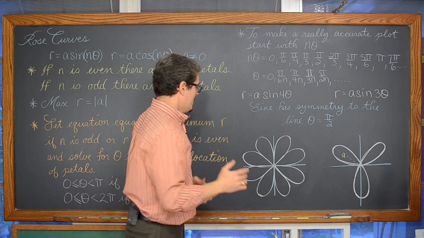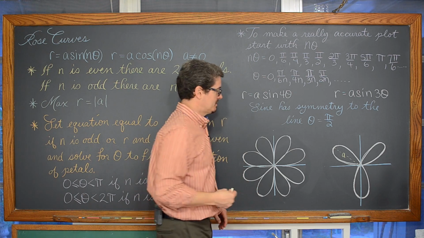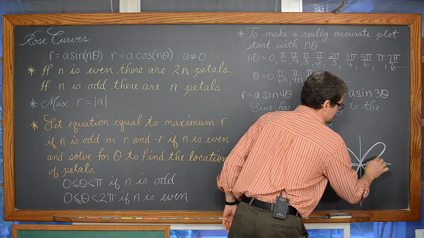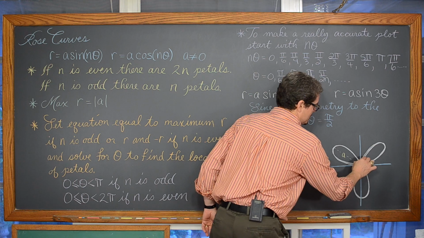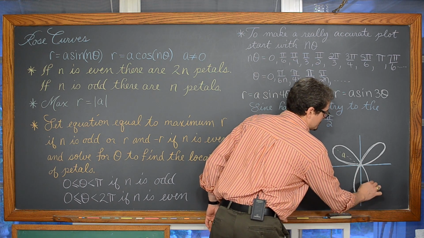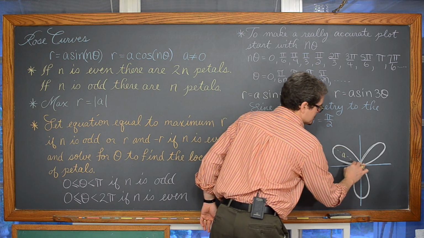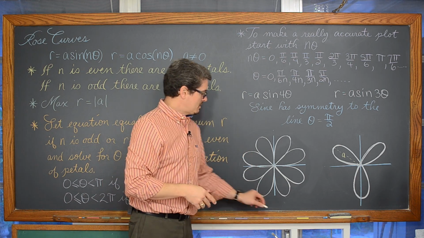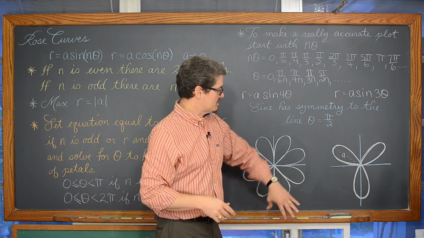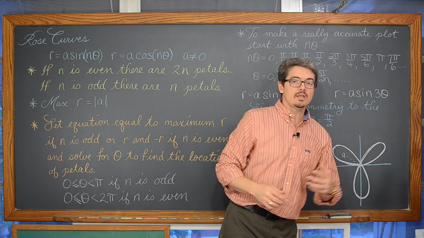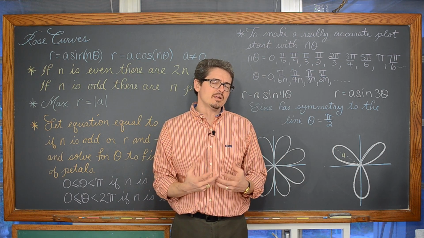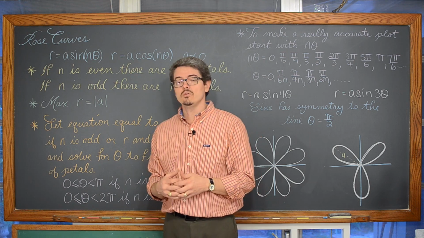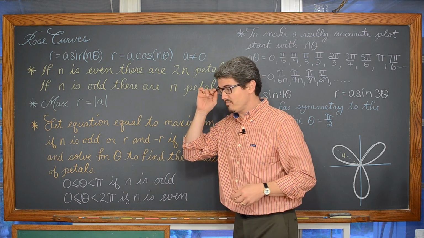See, there is a lot of motion in these graphs. Look how much the radius is changing as I go around just this simple 3-petal rose. All of that movement, all of that change that we're seeing with the radius as we rotate around with theta, means that if you're just going to plot these rose curves with a table of values, you're going to need a lot of points.